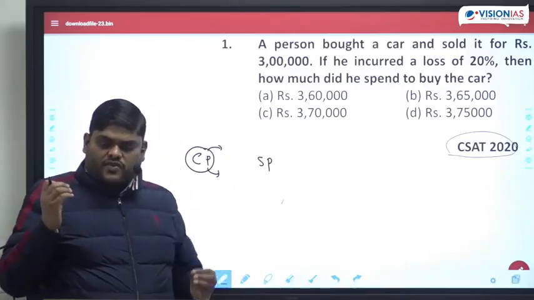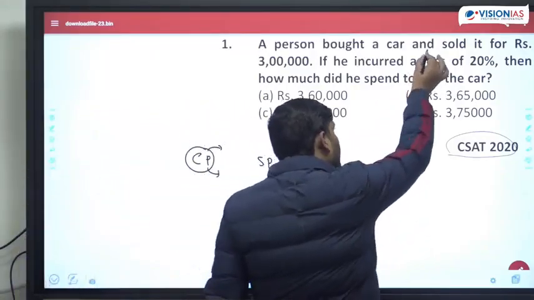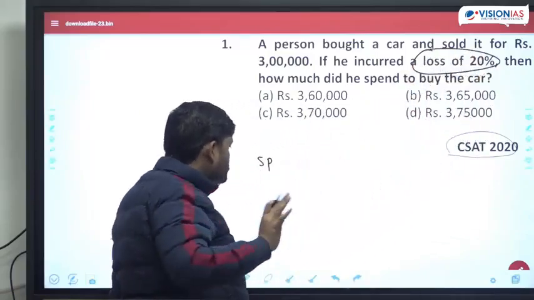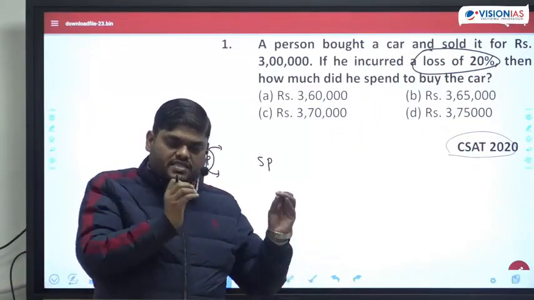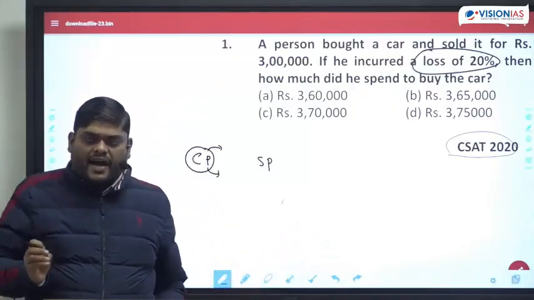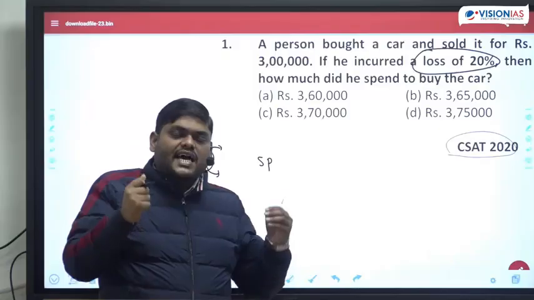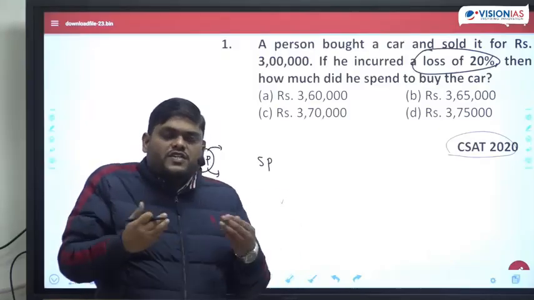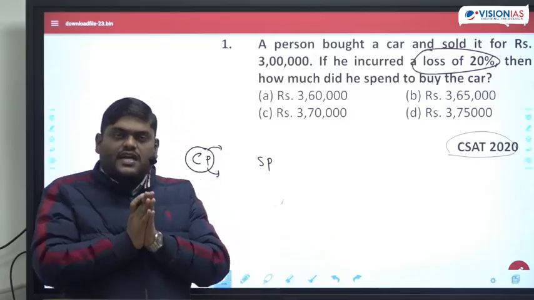So the first thing which should come in your mind, if there is a loss of 20%: as soon as the word loss is coming, what should come in your mind? There is a decrement. And loss and profit are always calculated on which value, CP value or SP value? Always on the CP value.